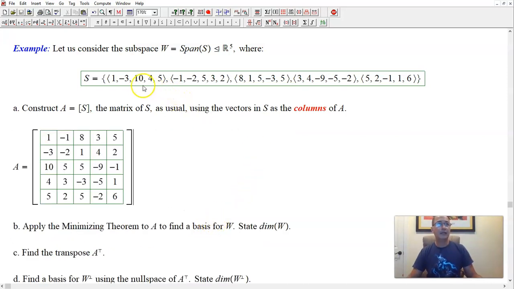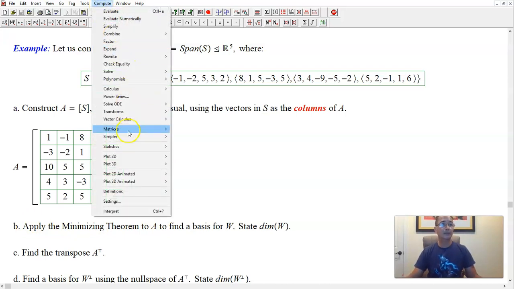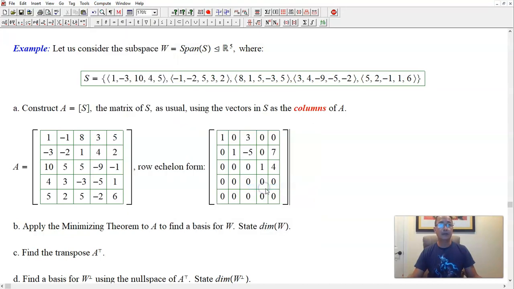Okay, so I've gone ahead and formed the matrix of S. We have the first vector found in column 1, the second vector found in column 2, and so on. Okay, so let's apply the minimizing theorem. Let us take the REF of this matrix. So we will compute matrices REF.